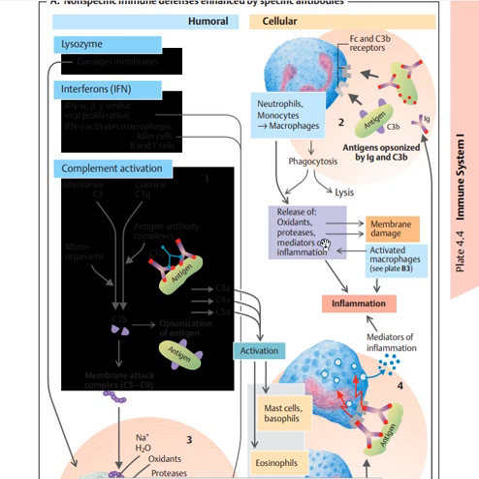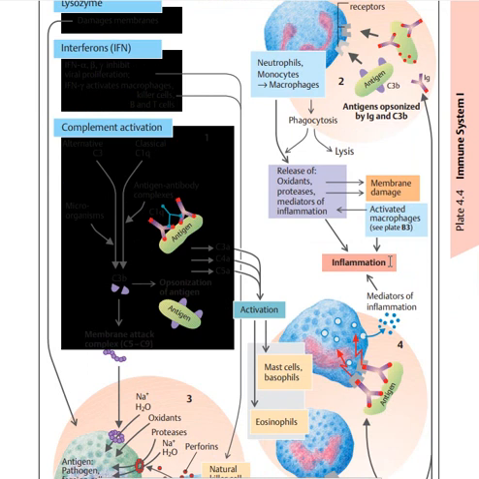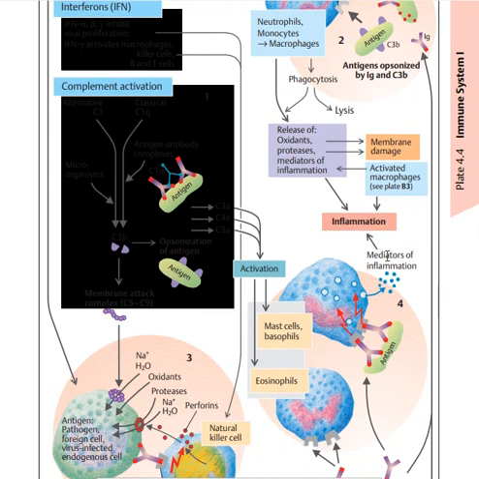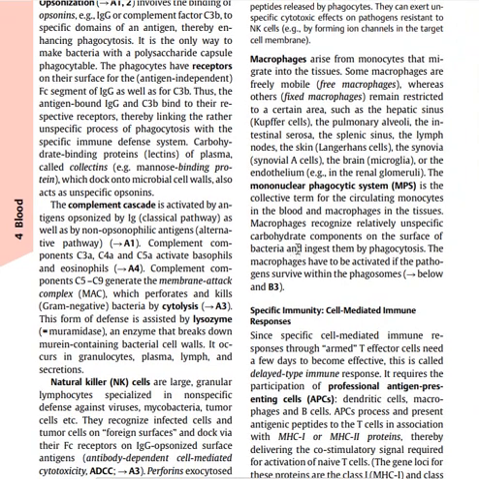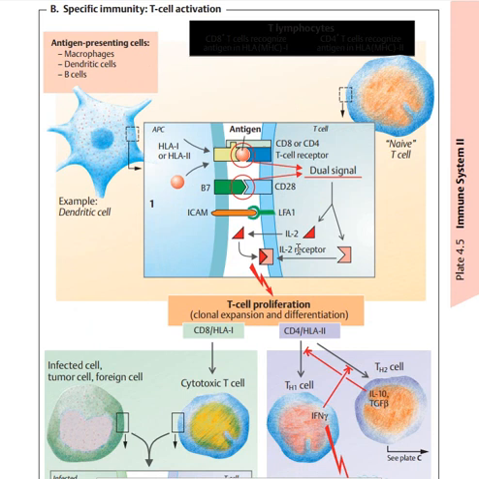Phagocytosis is going to occur by releases. So we have oxidants produced, causing membrane damage. We also have proteases that cause membrane damage, and we have mediators of inflammation, activated macrophages, and all that. All of that is involved in our acquired and innate immune response.